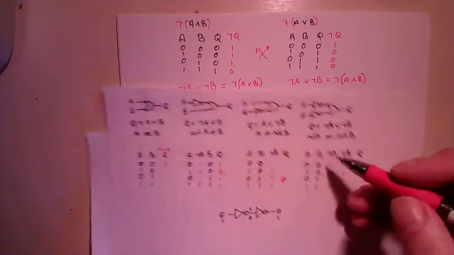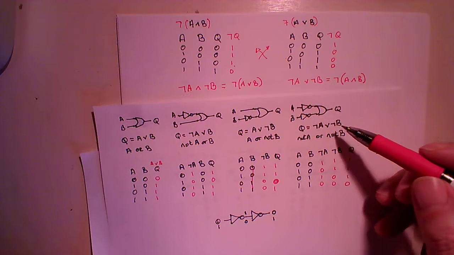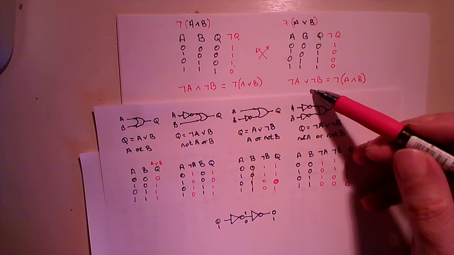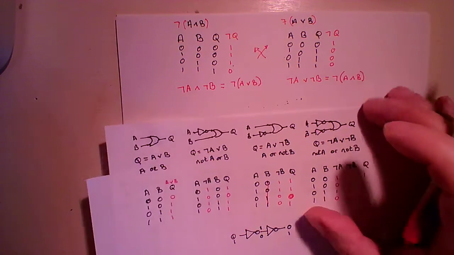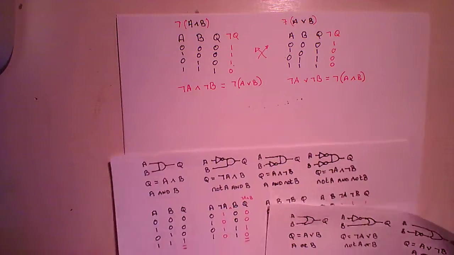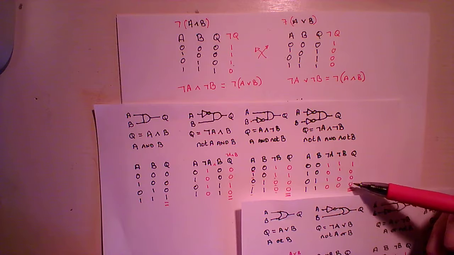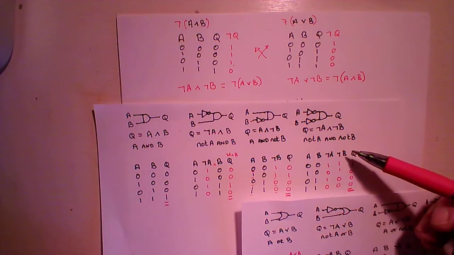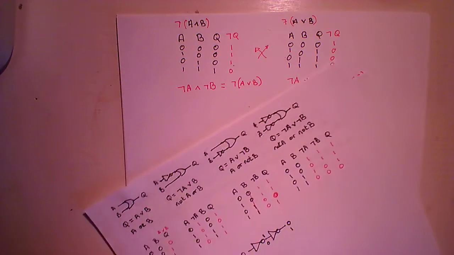Sorry, this pattern here, 1110, not A or B, which is this one here, is giving me this pattern here, and that pattern there was generated by an AND. So we have a sort of tricky situation.